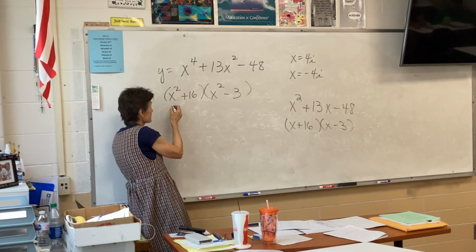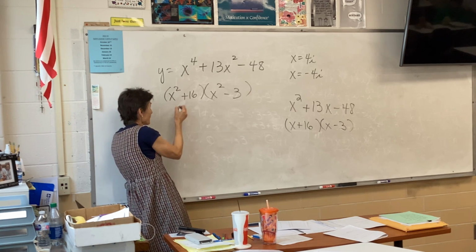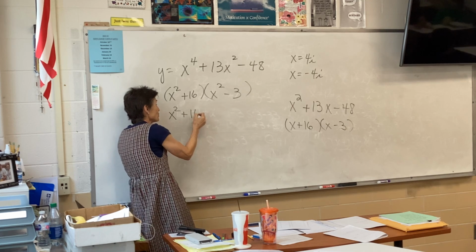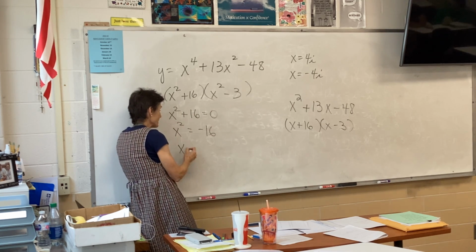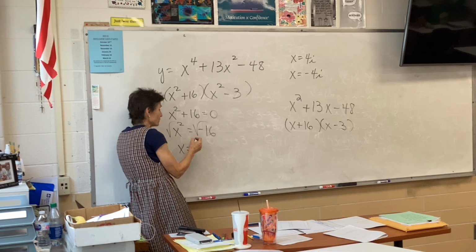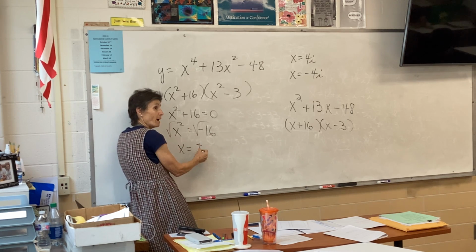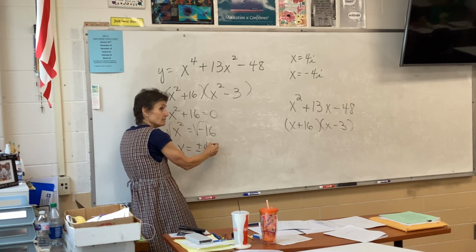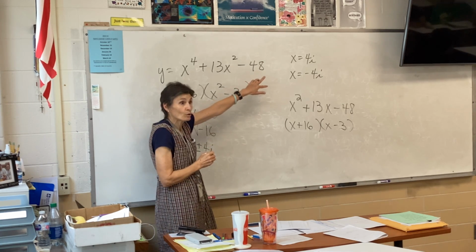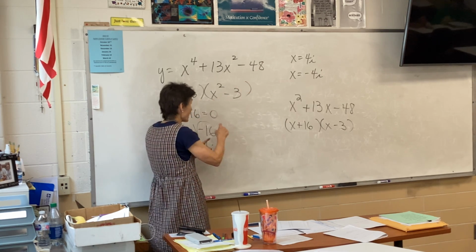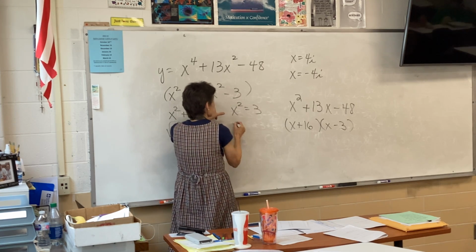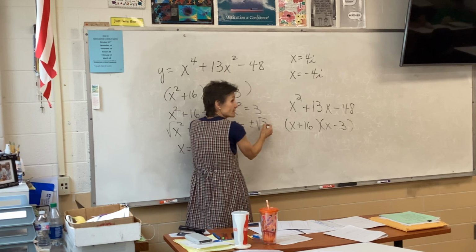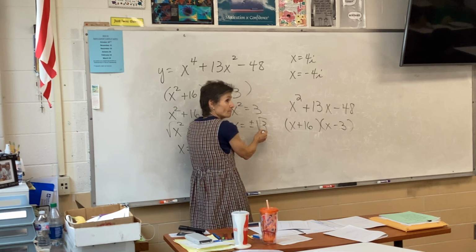Now notice that this factor, when you solve it, what do we get as our answers? When we square root this, what do we get? Plus or minus 4i, which those are the 2 we knew we were going to end up with. What are the other 2 we get? X squared equals 3, so x equals plus or minus root 3.